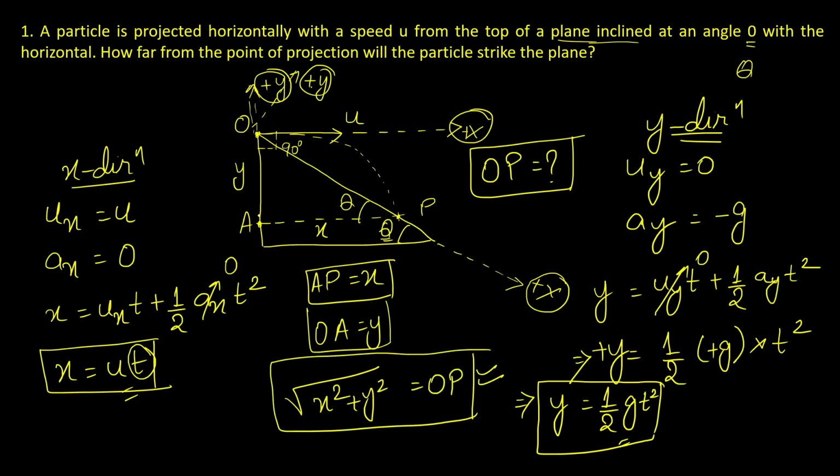Another thing given in the question is this angle theta, because this x and this y are just variables. We do not know what x and y are. We only know the initial velocity u in the x direction and the angle theta. So let us use this angle theta. The plane was something like this with angle theta, this was u, this was x, and this was y.